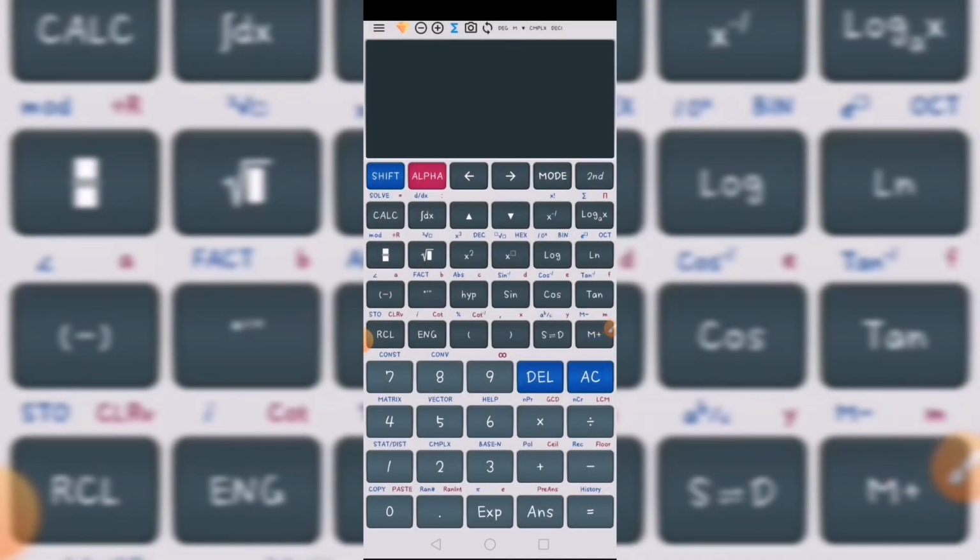So what you now do is you put down your question. The question is root 3 minus i. Now you press shift on the calculator, and you press 2, the one written complex.